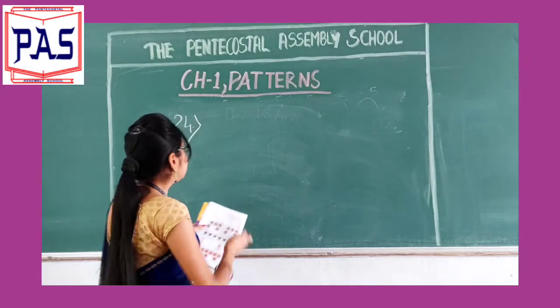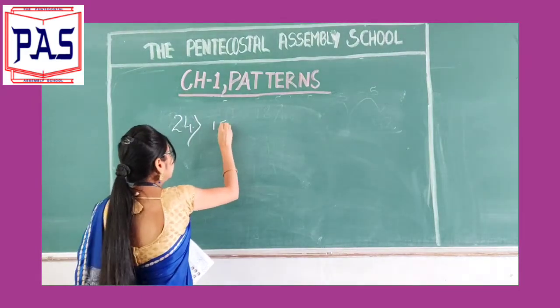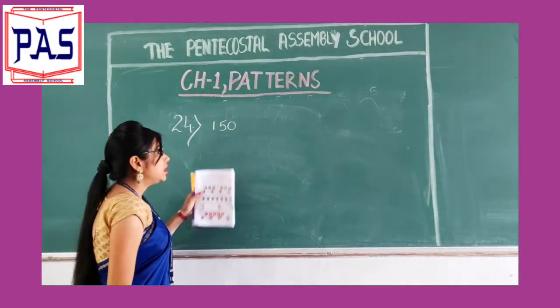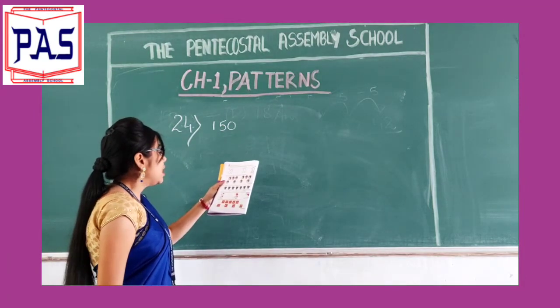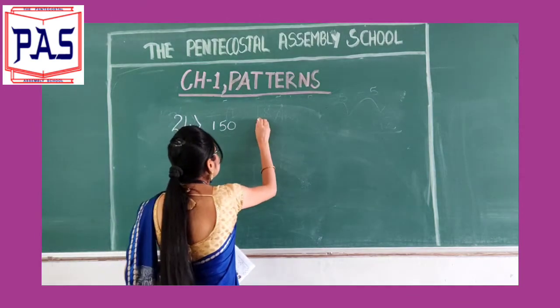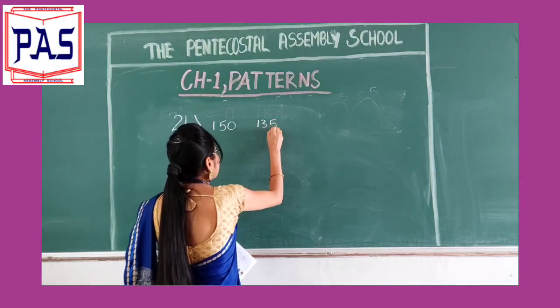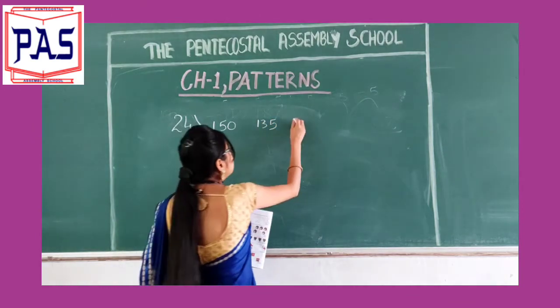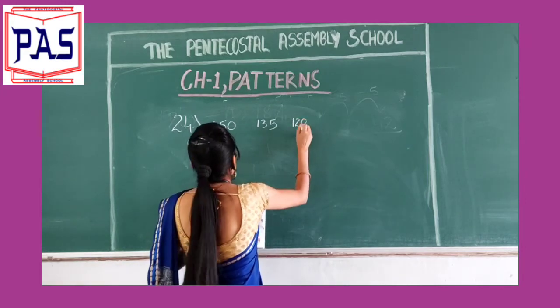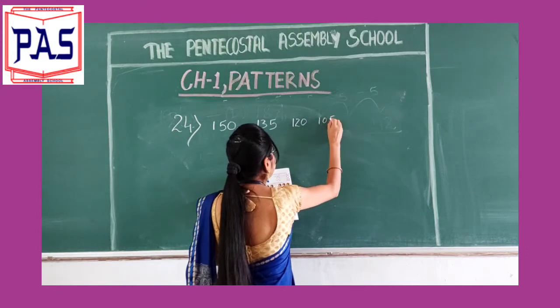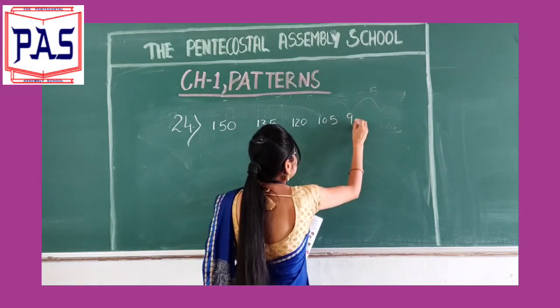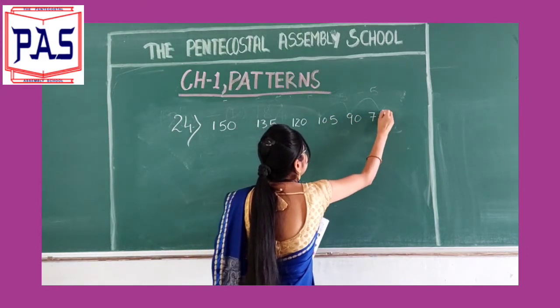Again, you have to find the missing number in the number series. You can see that certain numbers are given in question number 24, and these numbers are given in a certain pattern: 150, 135, 120, 105, 90, 75.